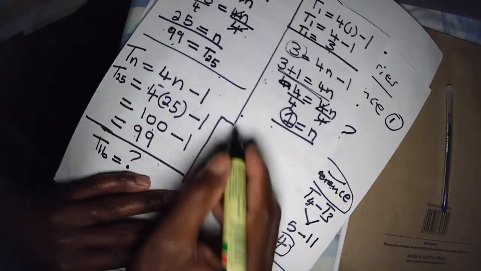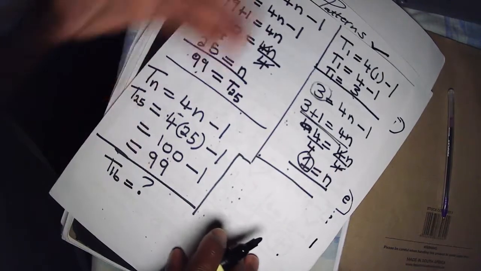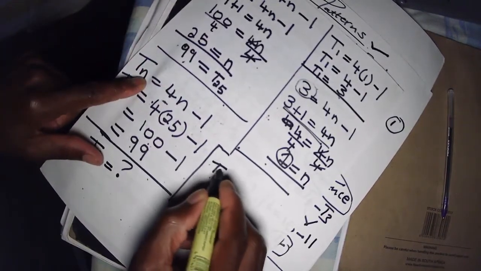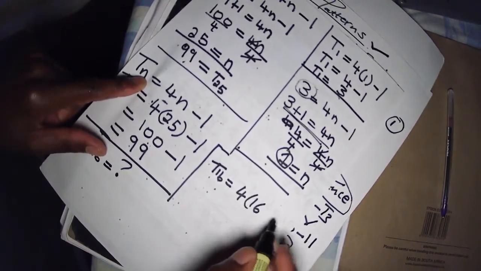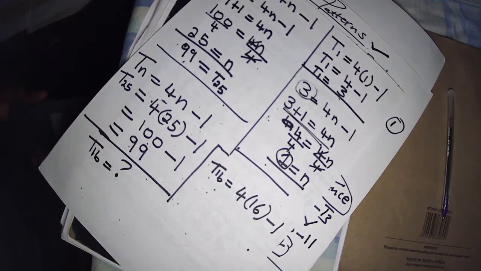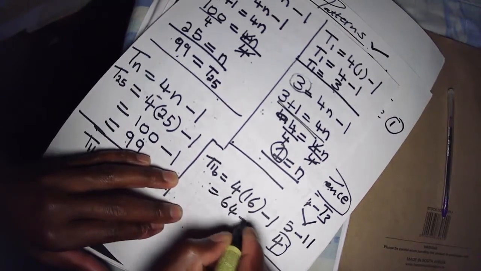So it is easy, we don't change the format, we do it as we have done here. T16 is 4 times 16, subtract the 1. 4 times 16 is 64.